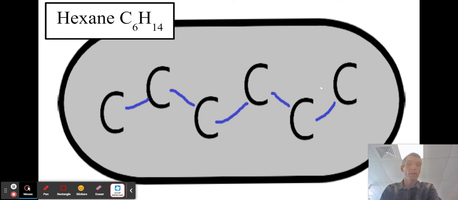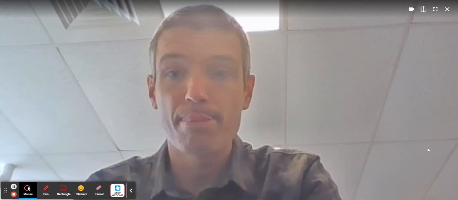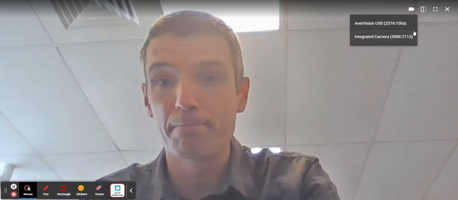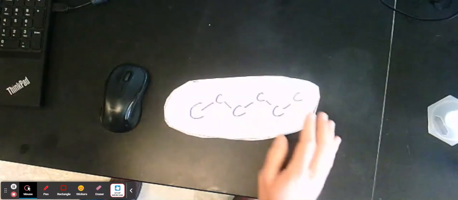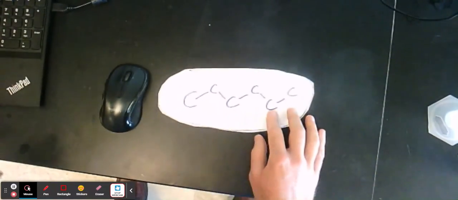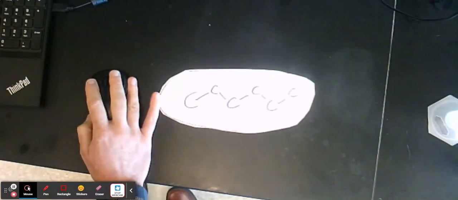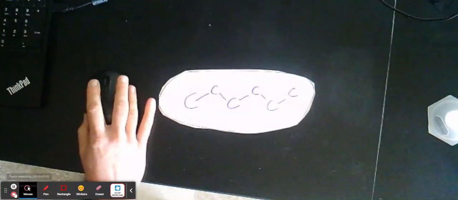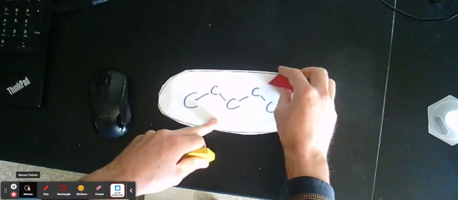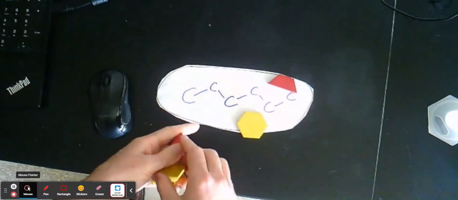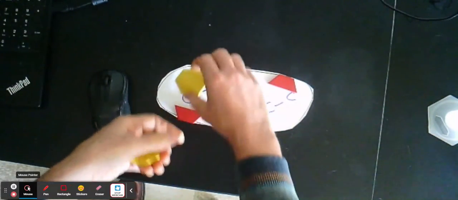Now I want to talk about a nonpolar solvent, and that nonpolar solvent is hexane. Here's a molecule of hexane. Because hexane's electrons are randomly moving around, there's going to be some areas of high density and low density.